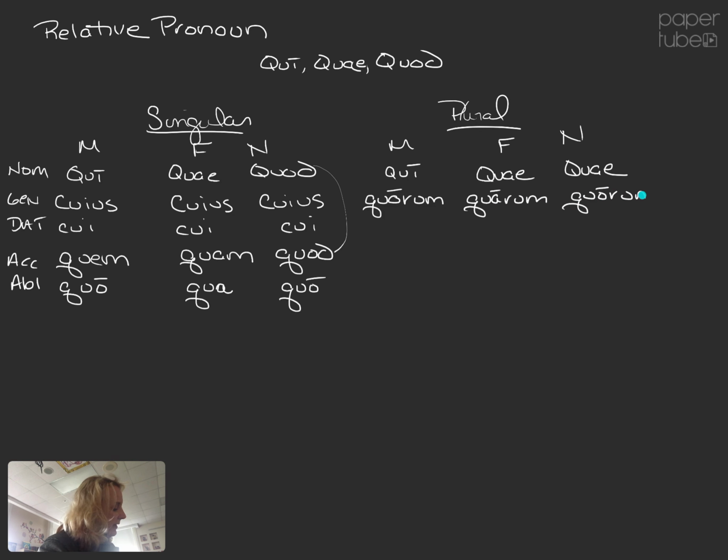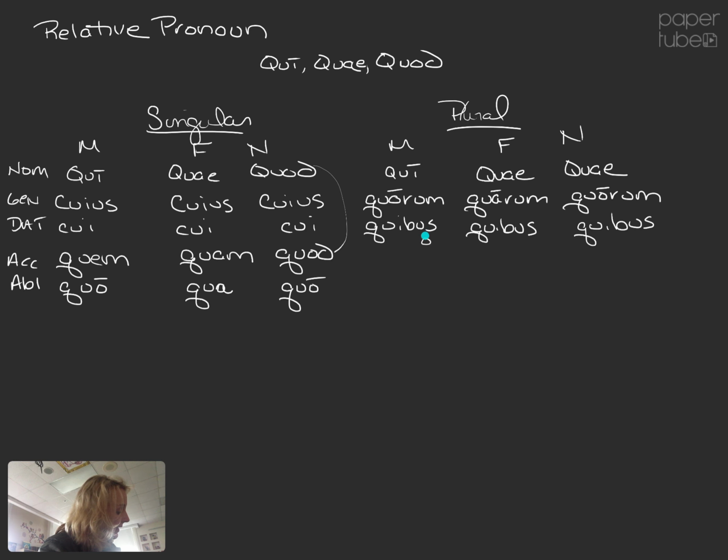Now we're pulling heavily off of those first and second declension endings. Quibus, quibus, quibus. Our book, the red one, Cambridge Student's Latin Grammar, says that this can also be quis, quis, quis. For the life of me, today, I cannot remember which I learned. I meant to look it up in my book before I did this, and I forgot.